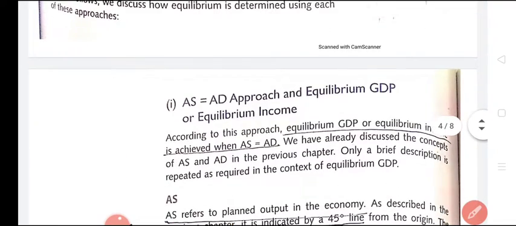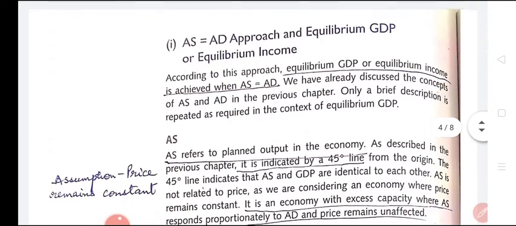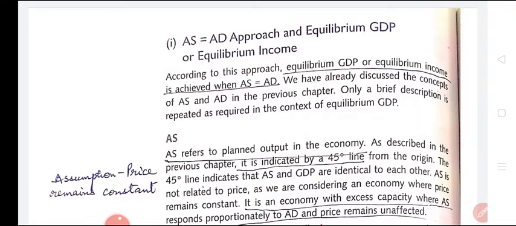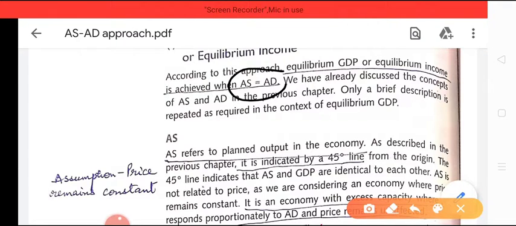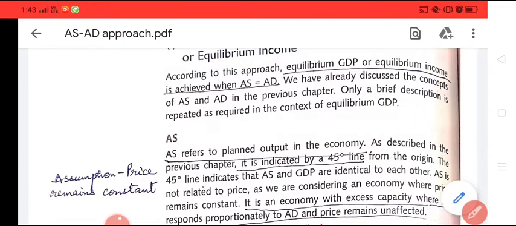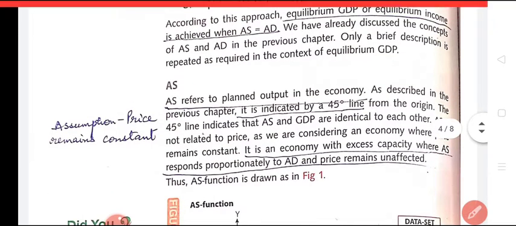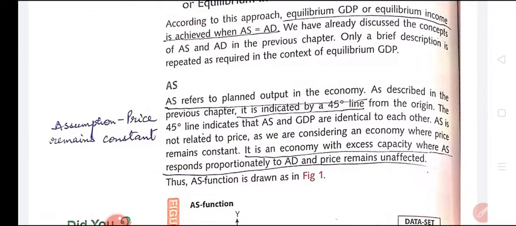Now let us understand one approach today, that is the aggregate demand and aggregate supply approach. As per this approach, how is the equilibrium achieved in the economy? We are assuming here that price is going to remain constant. So equilibrium GDP or equilibrium income is achieved at a point where aggregate demand equals aggregate supply, as already explained to you. Now how to create this aggregate supply curve and depict the aggregate supply function in a graph?